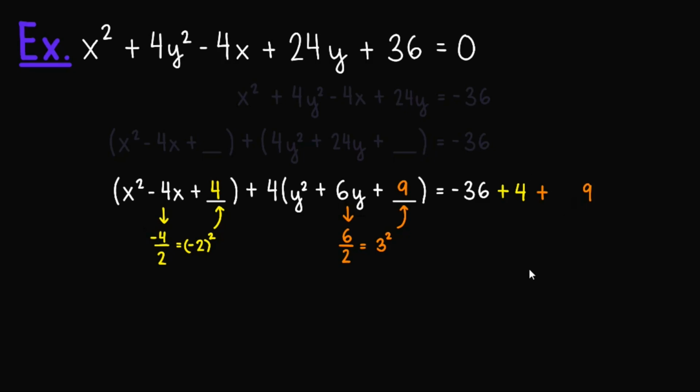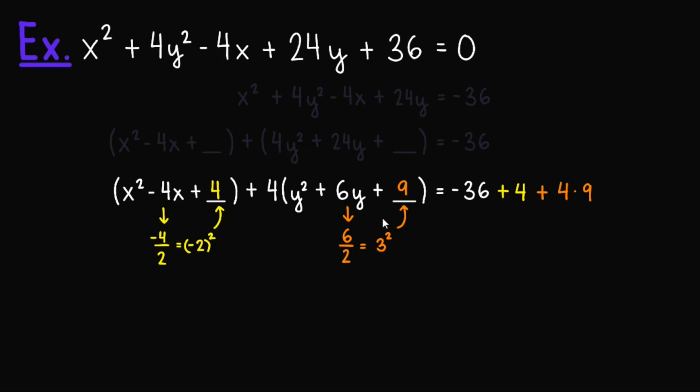But not so fast. Don't forget that we have a 4 out here, which means that what we actually add on the right hand side is 9 multiplied by 4. So we have 4 times 9. And so this is now the completed form, the form wherein we had already applied completing the square.